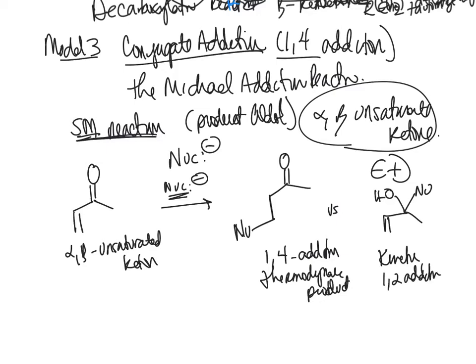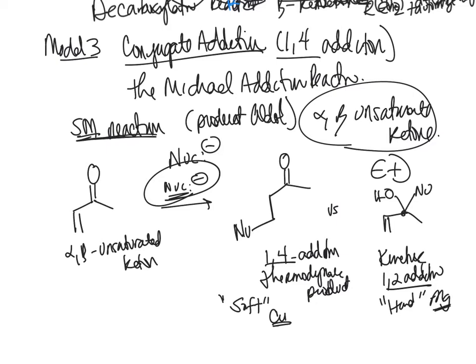And you'll find that certain nucleophiles will go 1,2. Other nucleophiles go 1,4. 1,4 nucleophiles tend to be what we call soft nucleophiles. Those are going to be copper. Kinetic are hard, and those are going to be your group 1 and 2. They're like magnesium.